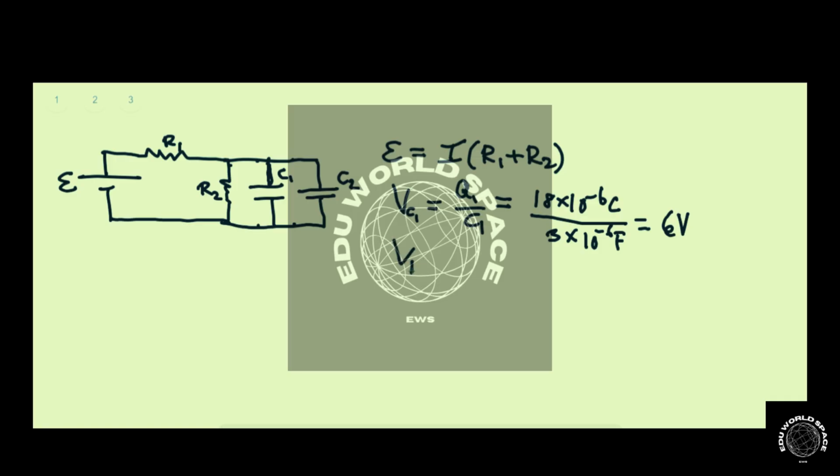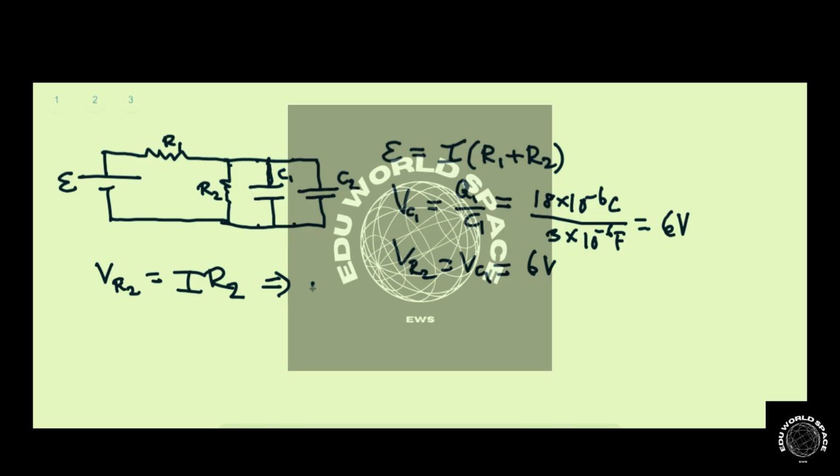So VR2 is equal to VC1, which is equal to 6 volts. And now that we know that, we can use VR2 equals I times R2 to find the current.